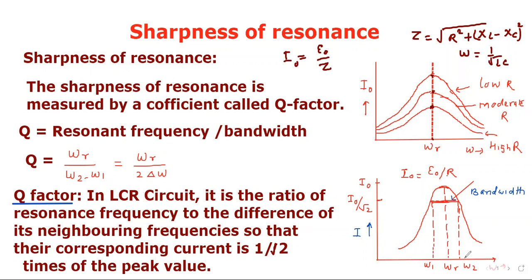Here this is omega 2 and this is omega 1. Omega 2 equal to omega r plus delta omega, and omega 1 equal to omega r minus delta omega.